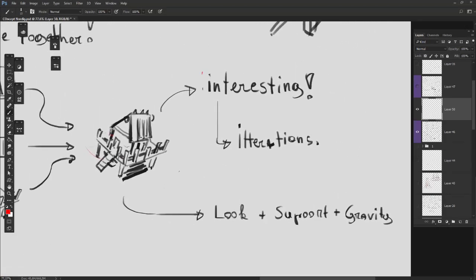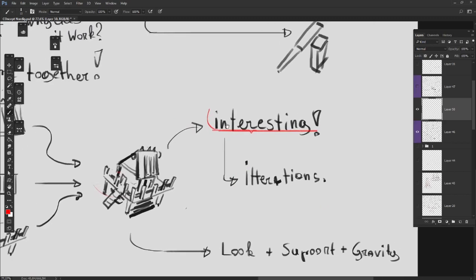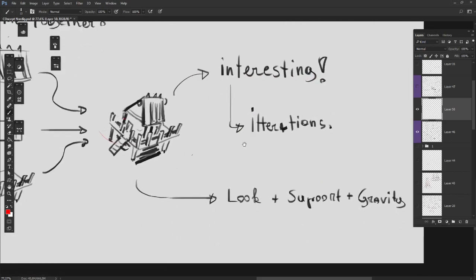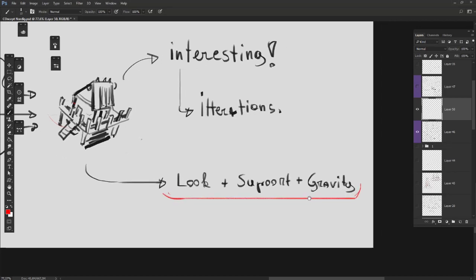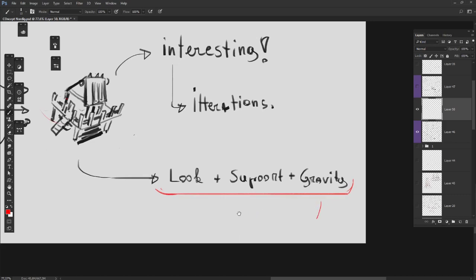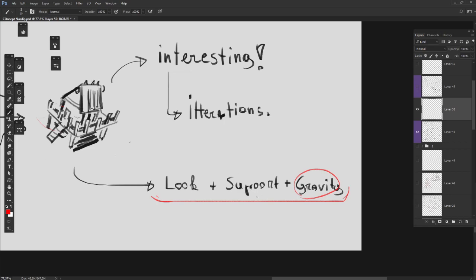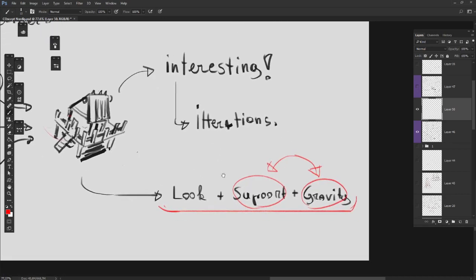In order to add much more creativity to your level, do a ton of iterations, or much more of a thumbnail process. But as I said, as long as it looks cool, or supports something, or has gravity to it, these two things are way more or less cared about, because it is too much of a brain effort to go through.